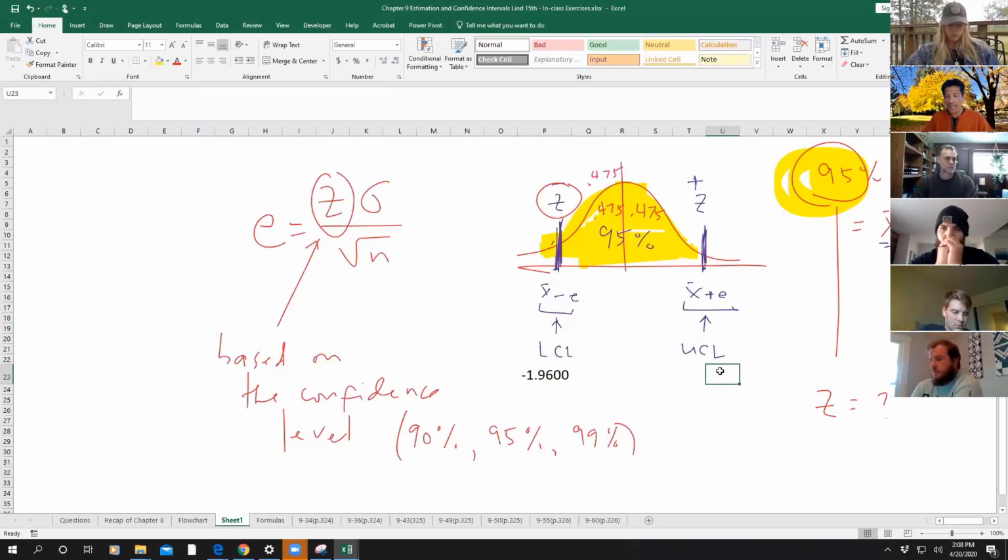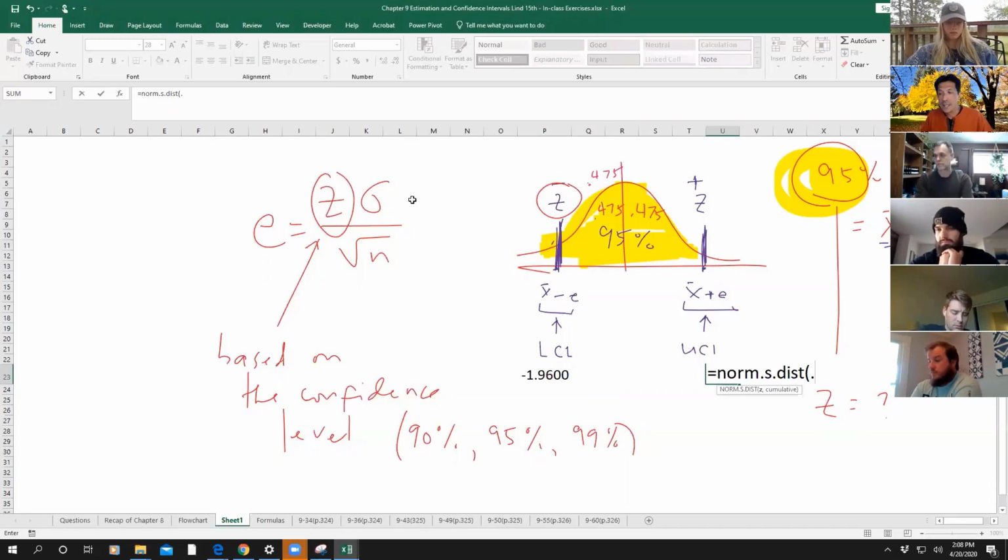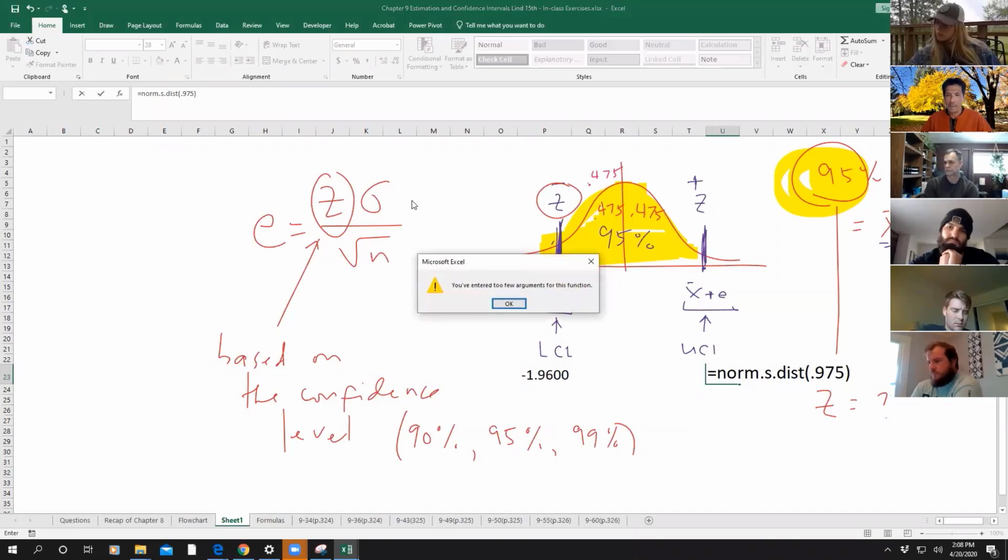You can confirm that by creating, again, using a function, the same function. This time, norm.s.dist, point, let's see, 975. Hopefully I added my 0.475, yeah, 0.475 plus 0.5 correctly.